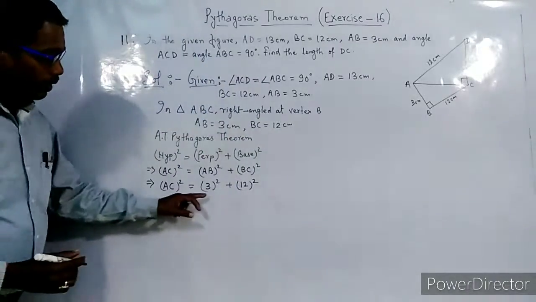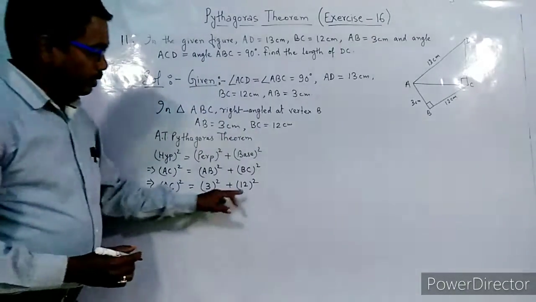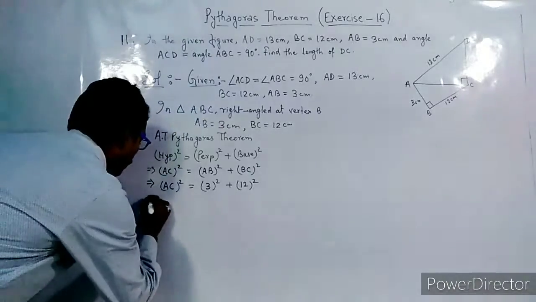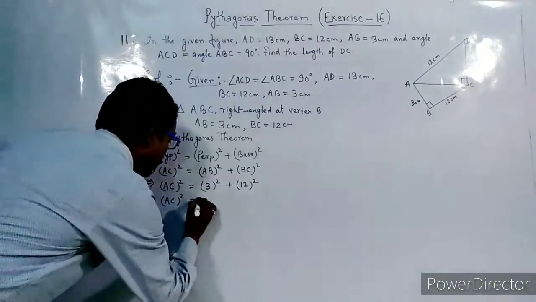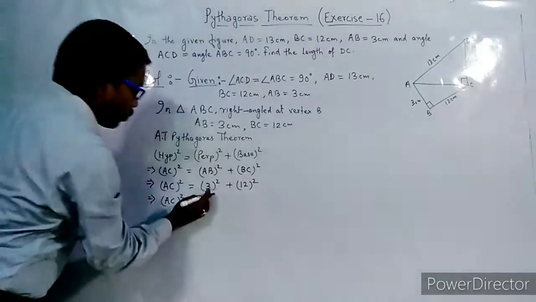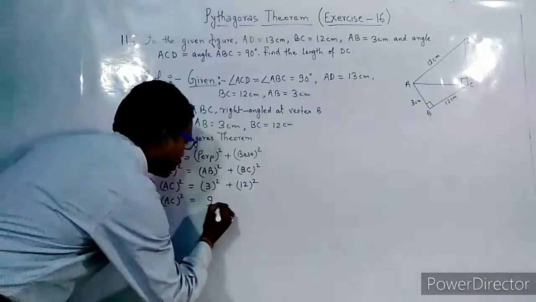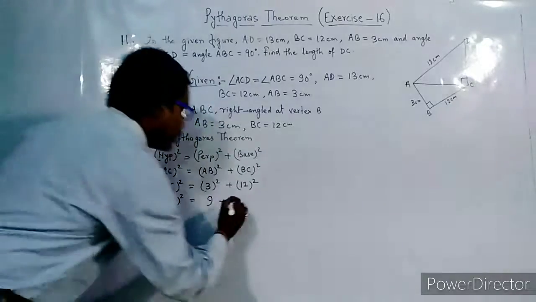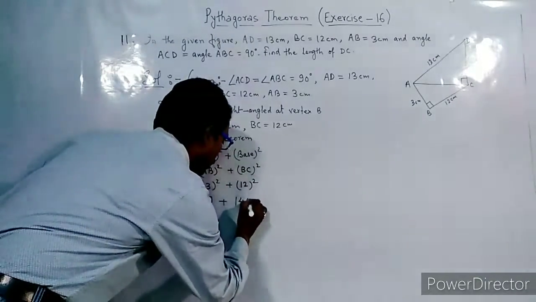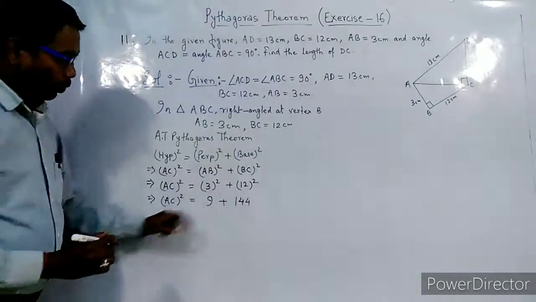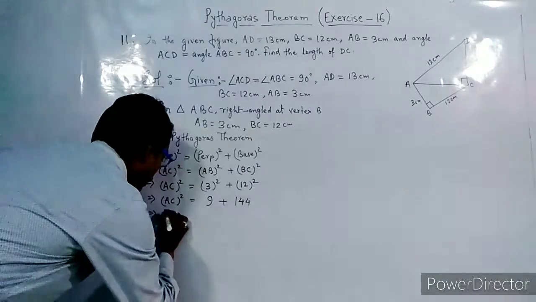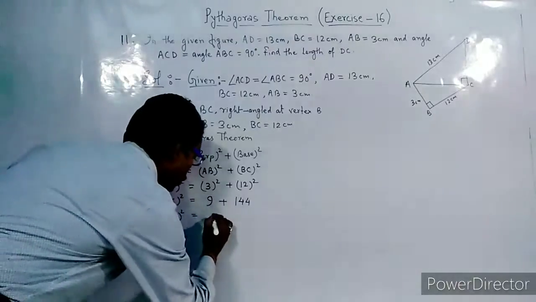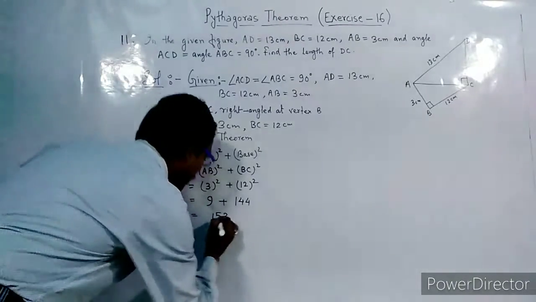Now we will write the square of 3 and 12. So AC square equal to square of 3 is 9 and square of 12 is 144. Now we will add these two. We get AC square equal to 153.